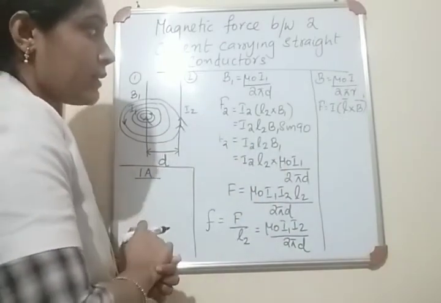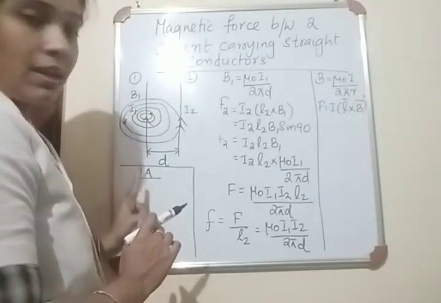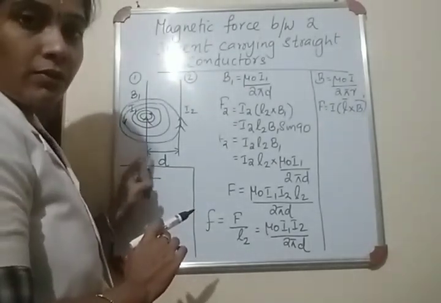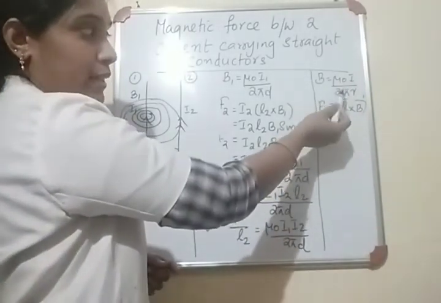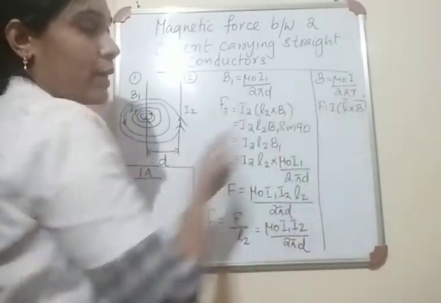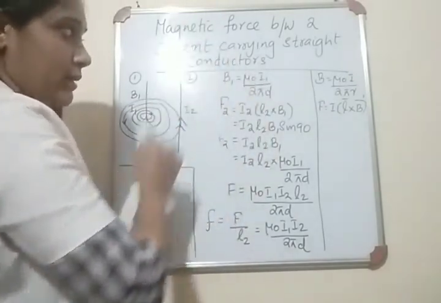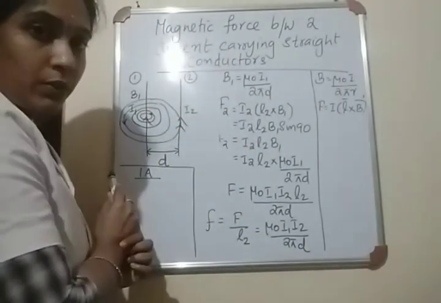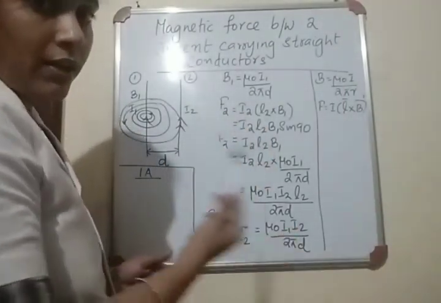B1 is the magnetic field produced by conductor 1. And what is the expression for a magnetic field due to a straight conductor? Mu 0 I by 2 pi r. Here we need to consider mu 0 I1, because I1 is the current flowing through conductor 1, by 2 pi d. Instead of r, you need to use d.